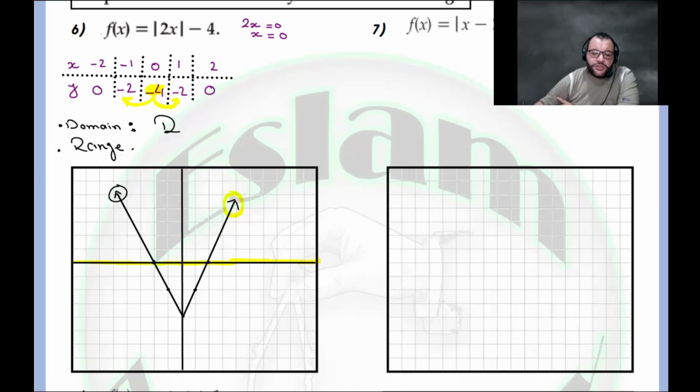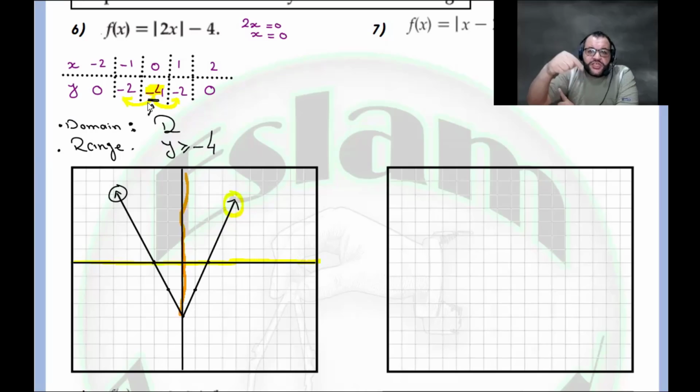Now we need to find the range. How do we find the range? We're starting from -4, then going up. So y is greater than or equal to -4, because we start at the vertex. Look at the vertex: all of the points at the right and at the left are more than this point.